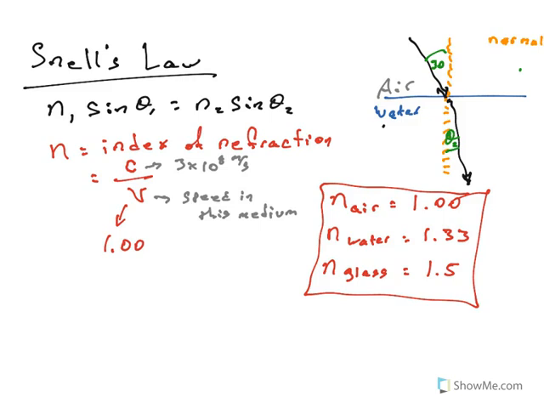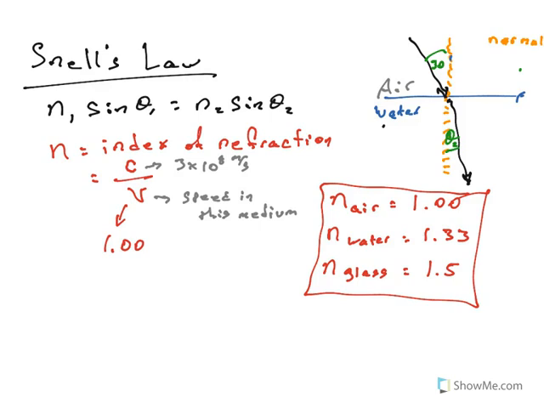We'd say, okay, for our particular problem, light traveling in air is incident upon the surface of the water at an angle of 30 degrees with respect to the normal. So these thetas, theta 1 and theta 2 in Snell's law, those are always the angles with respect to the normal, not with respect to the horizontal.